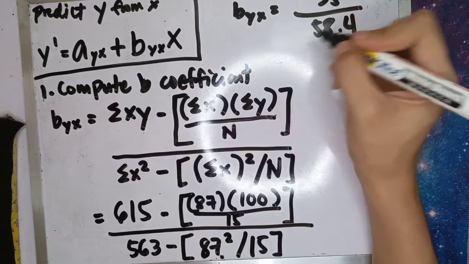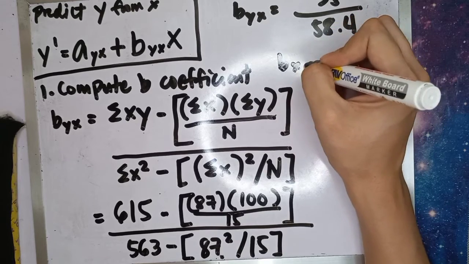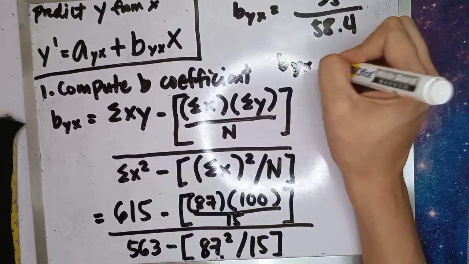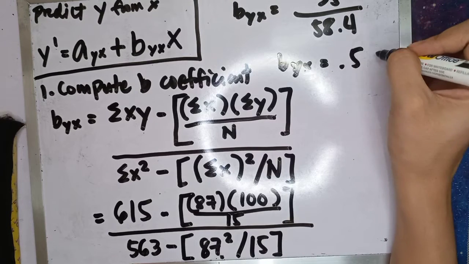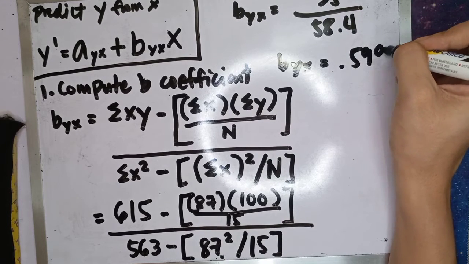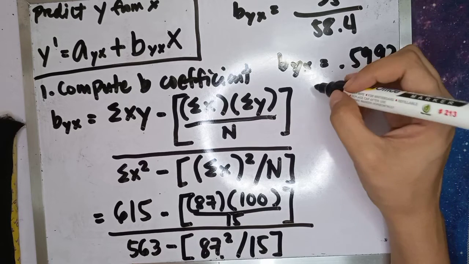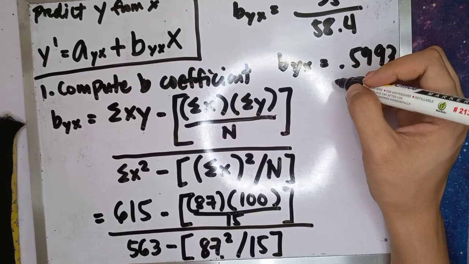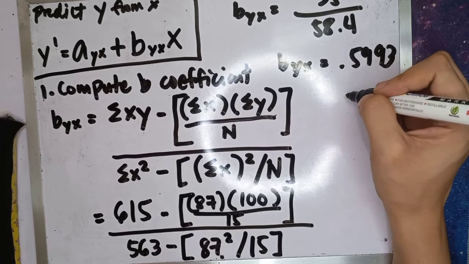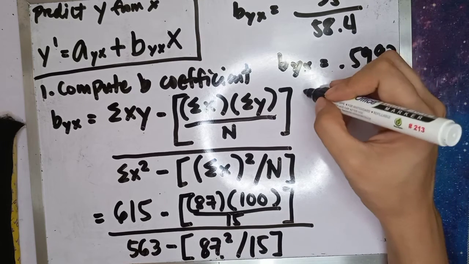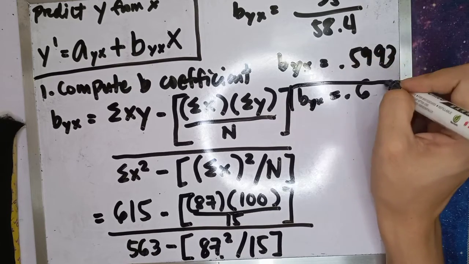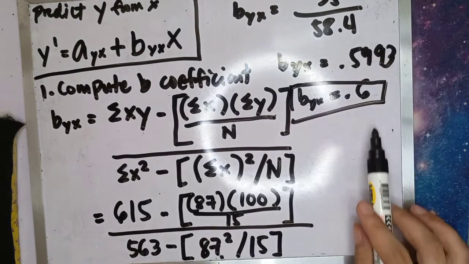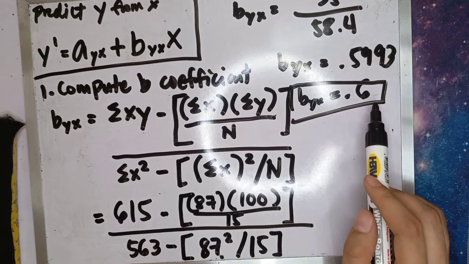Then, the final result ng B coefficient would be, lalabas yan is 0.5993. So, pag ating i-round off ay 0.6. Always box your answer. Box yan. Okay, 0.6.